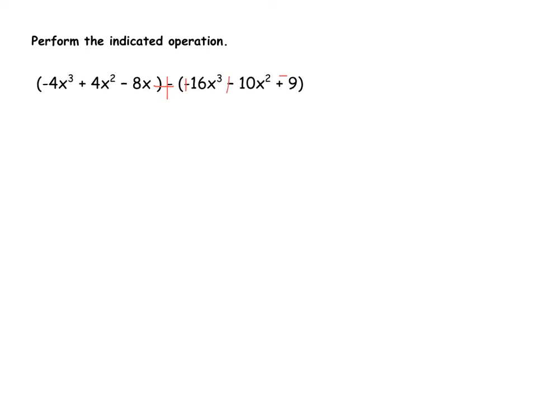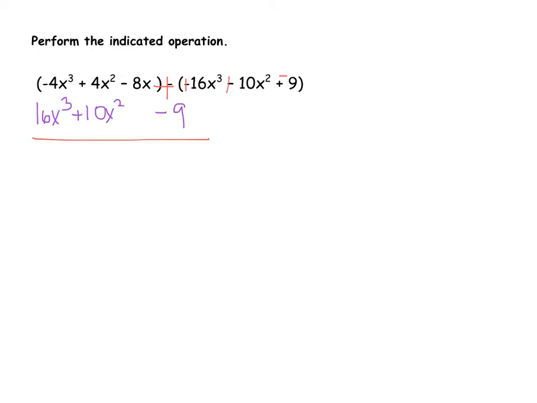So I'm going to have 16x to the third plus 10x squared and a negative 9. Now that's not a like term with negative 8x, so I'm going to put it further down so I remember, when I add up the columns, that they're not like terms, and not to add them together.